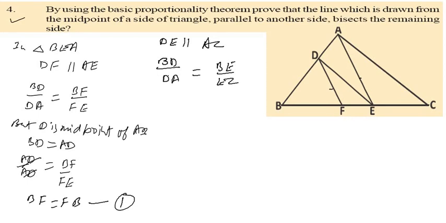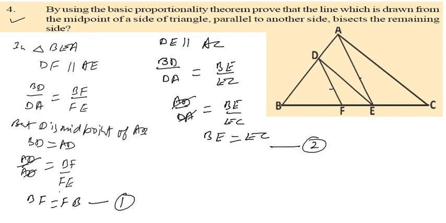So BD is equal to AD. So you can write here AD upon AD is equal to BE upon EC. So both are cancelled out. So you can say it is BE is equal to EC. So that will be your equation second.